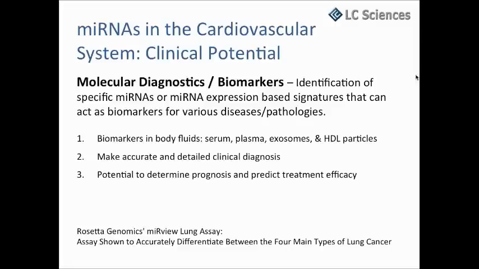Initially, it was thought that maybe one or two microRNAs can be used to establish certain biomarkers, but as it turns out over time, you really have to look at more than just a handful of microRNAs. Typically, you have to look at an entire signature profile, which usually consists of roughly, ballpark figure, 15 different microRNAs that you have to look at.